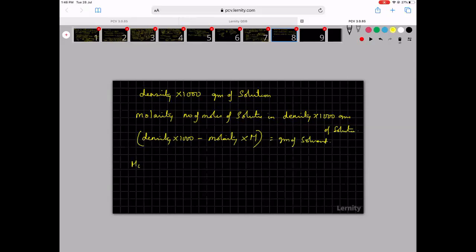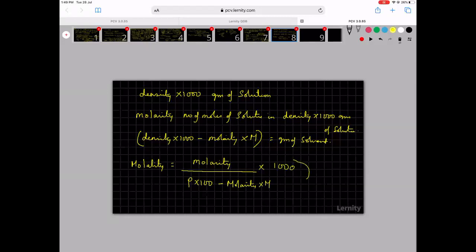Now, what is molality? Molality is equal to number of moles, that is molarity, divided by density into 1000 minus molarity into molar mass, into 1000.